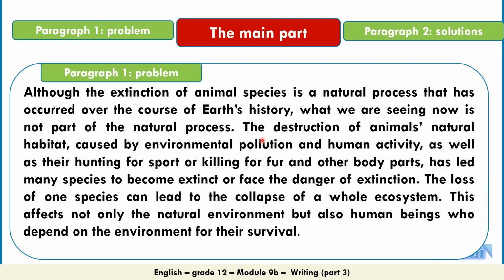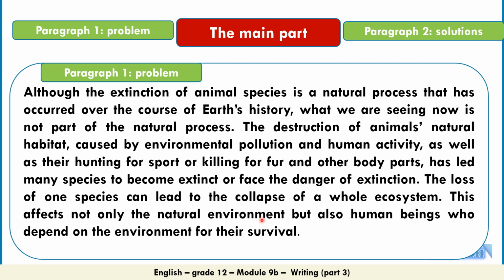The destruction of animals' natural habitat caused by environmental pollution and human activity, as well as overhunting for sport or killing for fur and other body parts, has led many species to become extinct or face the danger of extinction.